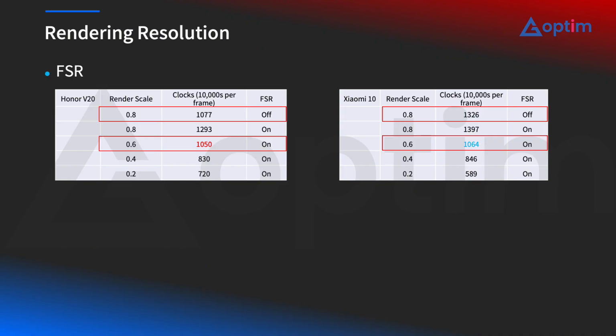If we then try to compensate by reducing render scale, for example from 0.8 down to 0.6, we find that GPU clocks stays close to 1077, with no meaningful improvement. In other words, in this case, a reduction to 0.6 is not enough to offset the additional cost introduced by FSR.